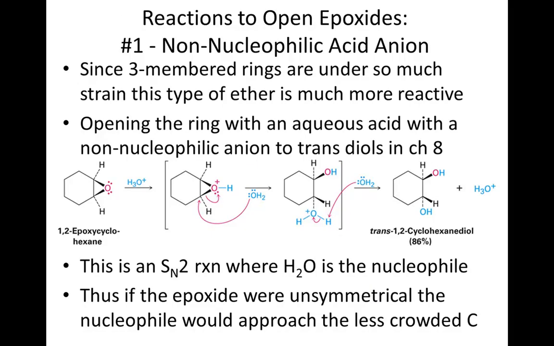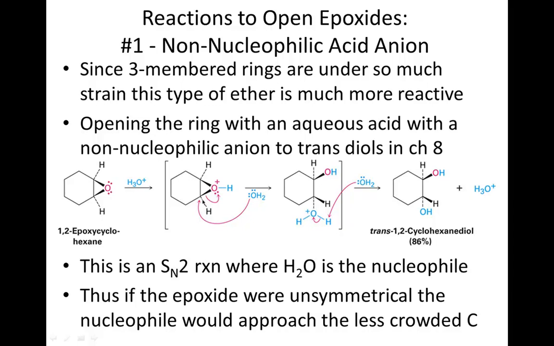And they can be opened up different ways. Their little three-membered rings are not very happy being three-membered rings, and we looked at this reaction also in the alkenes chapter, just to compare it to your ability to make either cis or trans diols. So if you have the epoxide and you put in an acid that has a non-nucleophilic anion, like sulfuric acid, for example, then it will protonate the oxygen, and then water will be the best nucleophile.